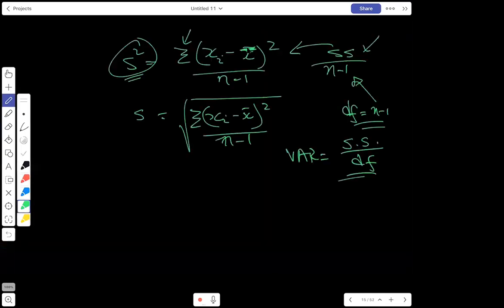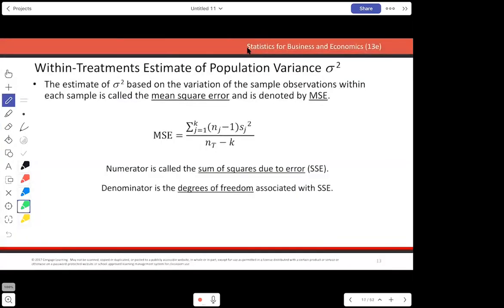So now let's go to the within treatments estimate of population variance. We want to estimate sigma squared, but now we're going to use within each of the treatments. So we're looking at the variation among the marketing students, the variation among those who took the finance exam, the variation of the marks for those who took econ, and the variation of the marks for those who took accounting.